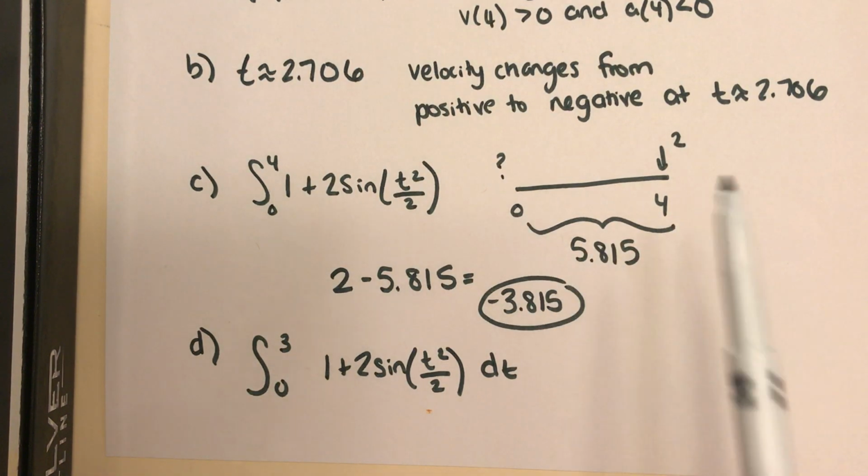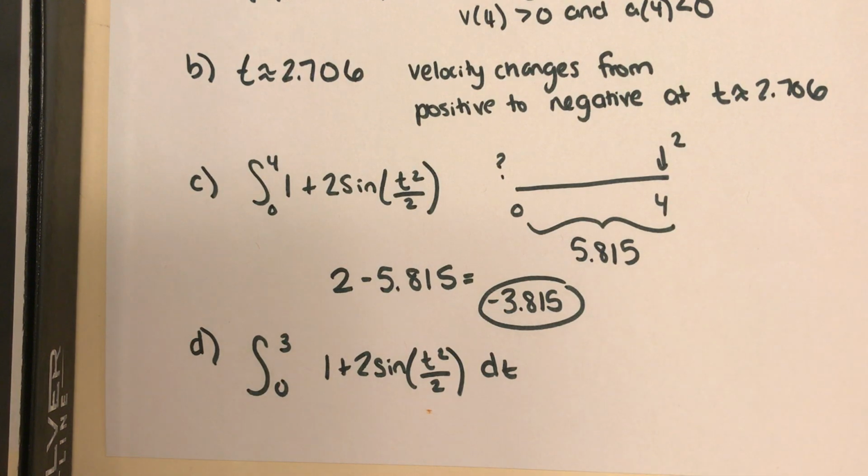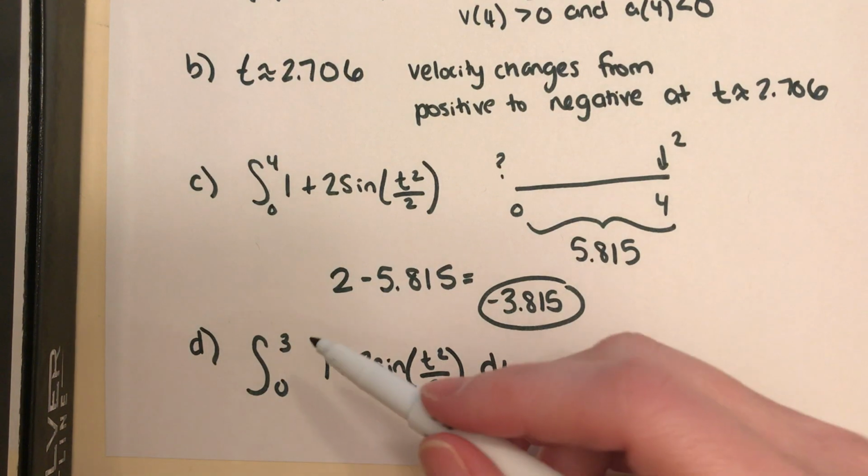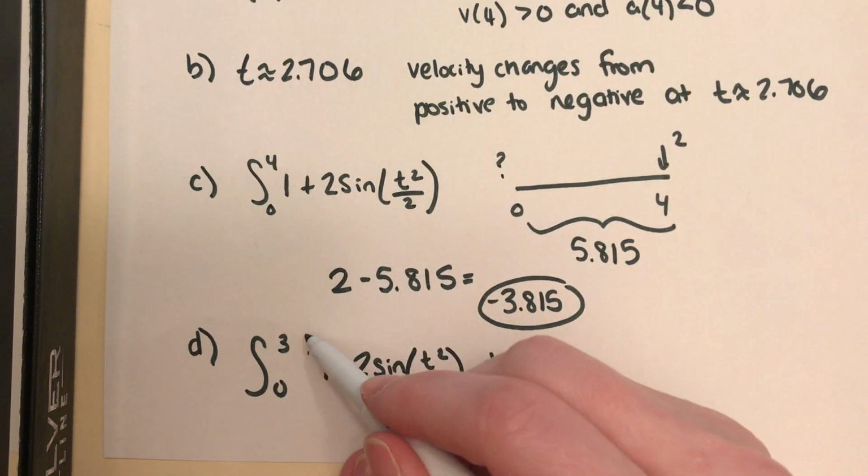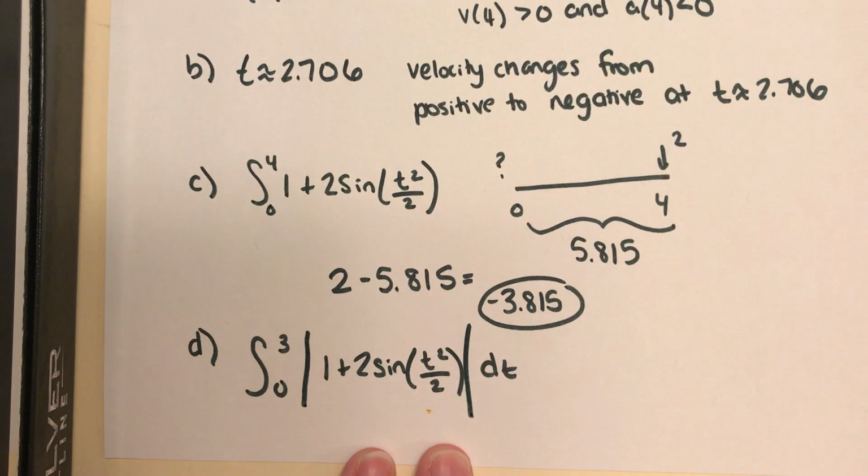Even though you may have ended up at 2, it doesn't really tell you much about how much distance you traveled, because you could have went forward 10 miles, backward 15 miles, forward 20 miles, and somehow end up at 2, but that doesn't count all the distance that you actually traveled. So what we want to do is make all those negative parts positive. So whenever I want to find my total distance traveled, I want to actually take the absolute value of this. That'll turn all of our negative distances positive and calculate the total distance that we traveled.